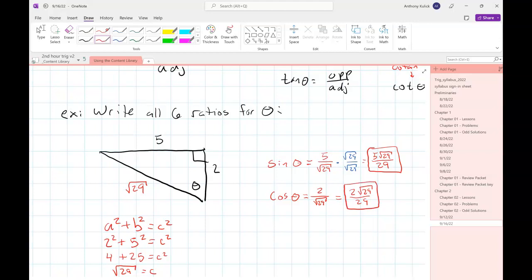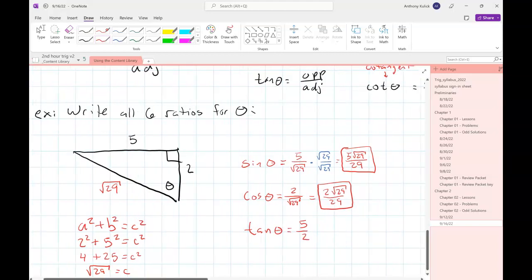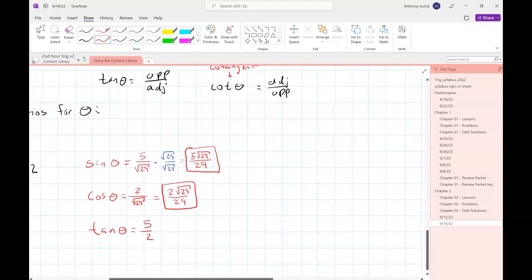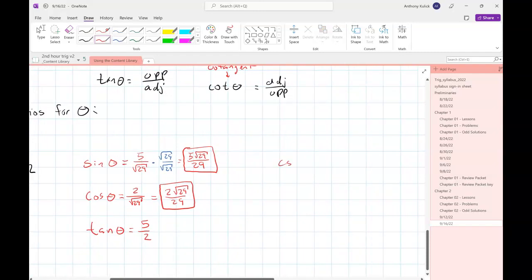Everybody's cool that it's the same step in there. If you're not, I can go back and elaborate, but I feel like we should be good. We good? Okay. Tan theta is 5/2. All right. Cosecant theta.